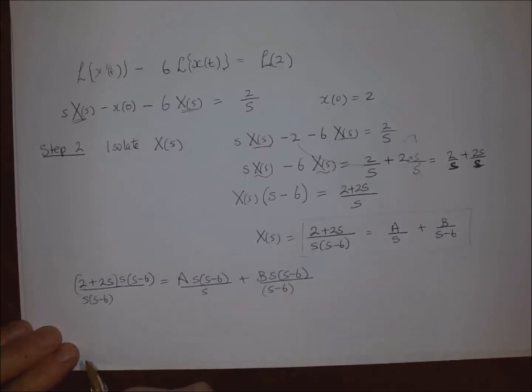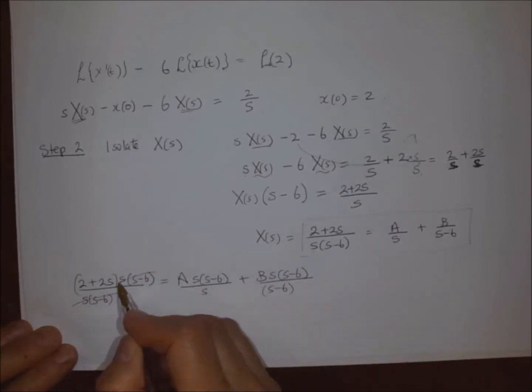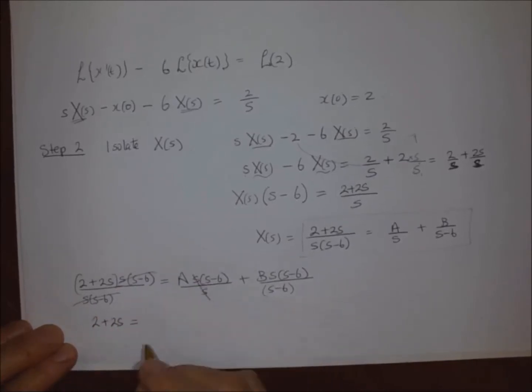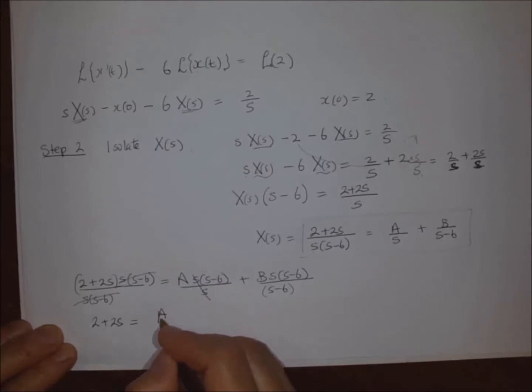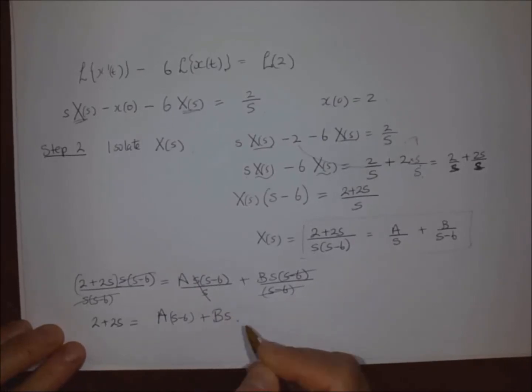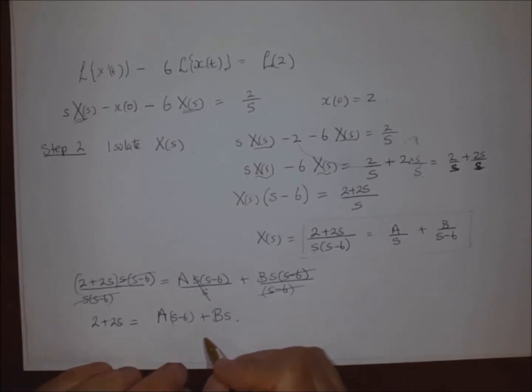And we get cancellations. All of that cancels with all of that. And we're left with 2 plus 2s equals, the s's cancel here, A times s minus 6, plus, the s minus 6 is cancelled here, B times s. So all we have to do is find A and B.